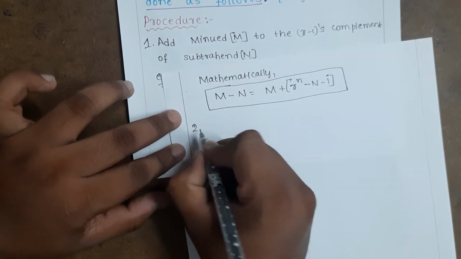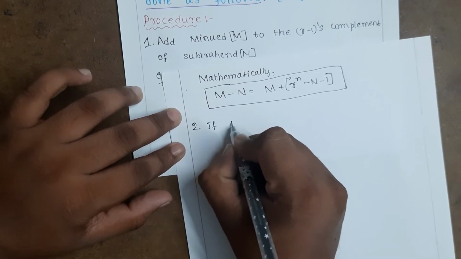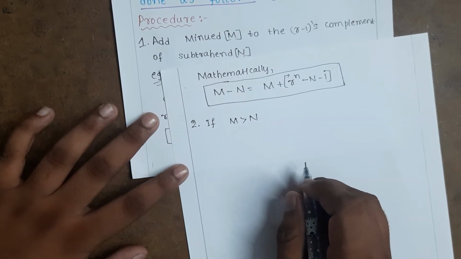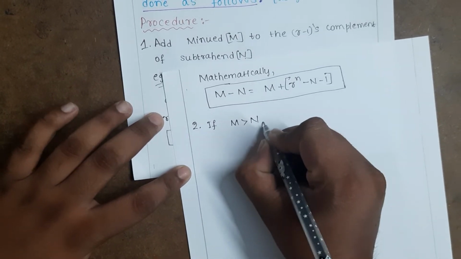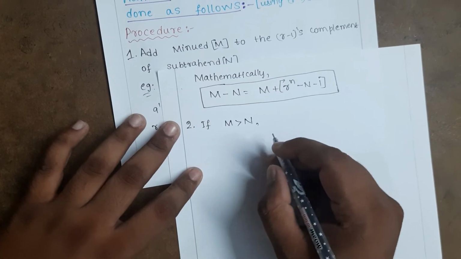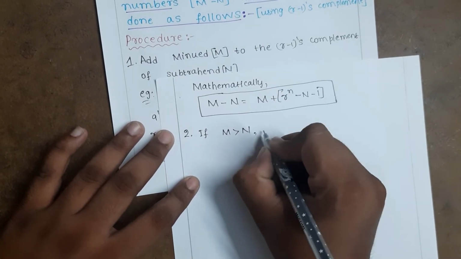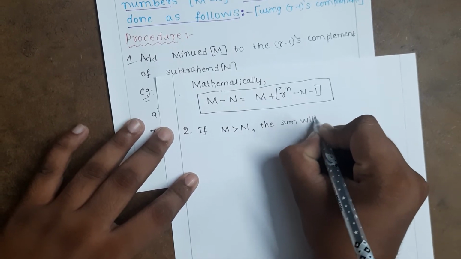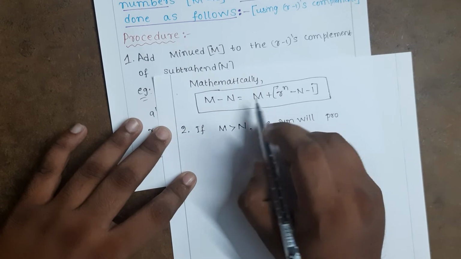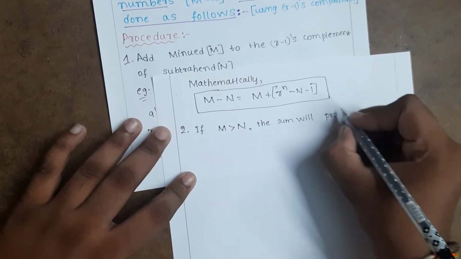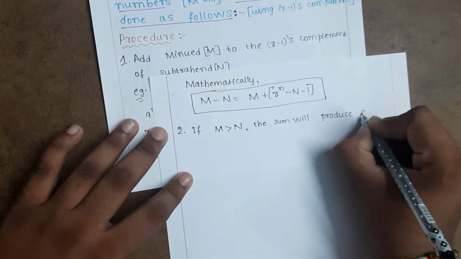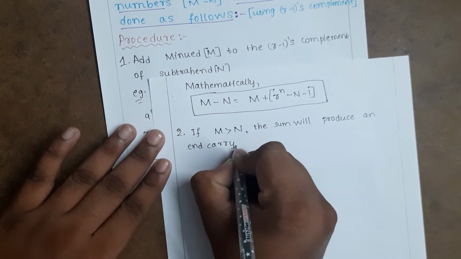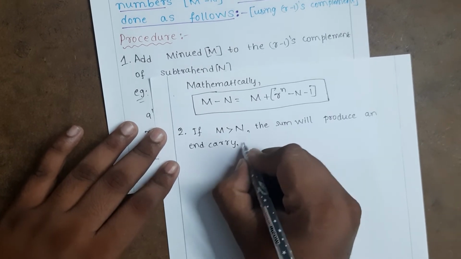The second step: if capital M is greater than capital N, that is, if the minuend is greater than the subtrahend, the sum will produce an end carry. When we add both these terms, the sum will produce an end carry. Now it is to be discarded.